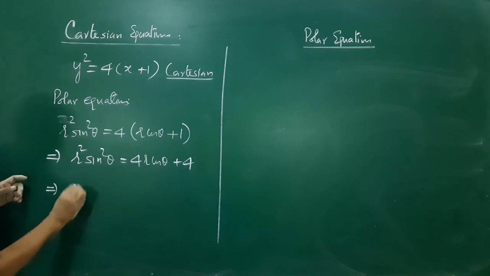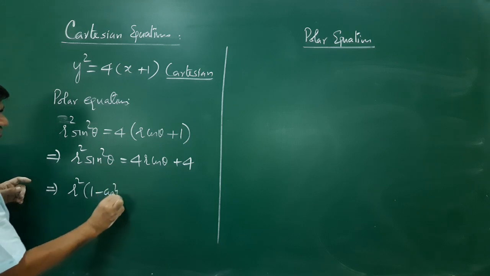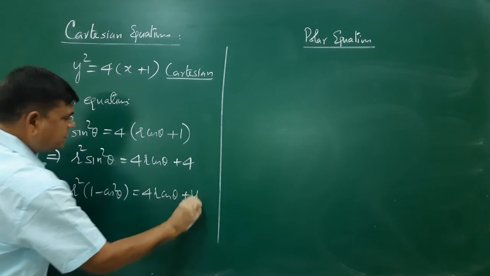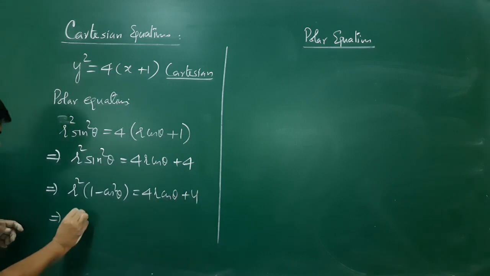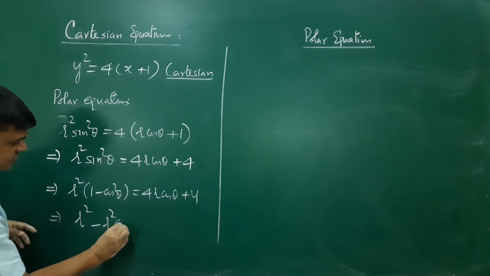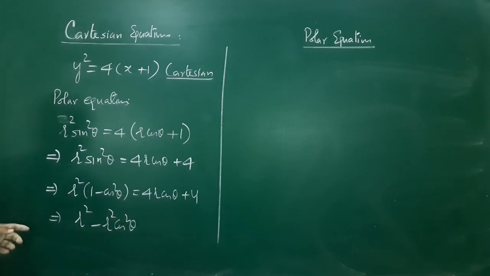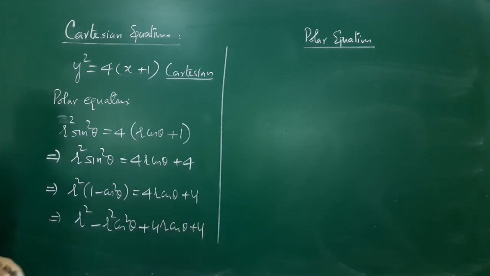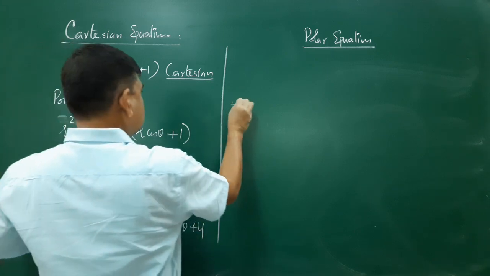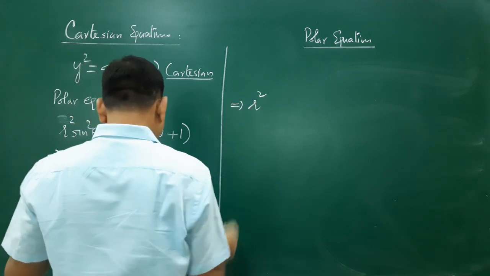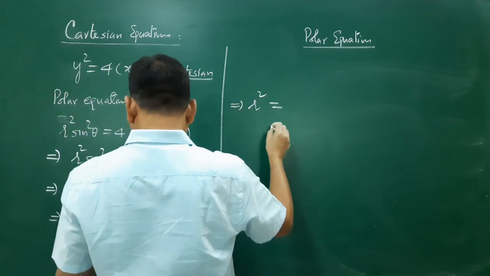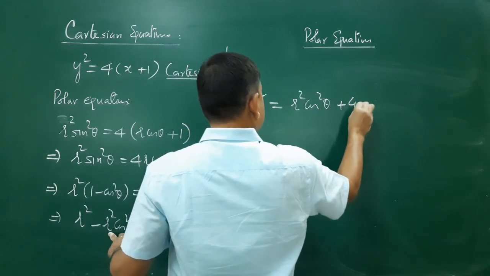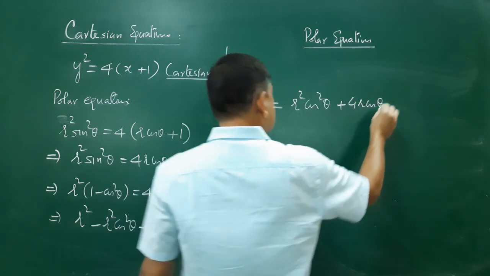This is r square (1 minus cos square theta) equals 4r cos theta plus 4. This is r square minus r square cos square theta equals 4r cos theta plus 4. So r square equals r square cos square theta plus 4r cos theta plus 4.